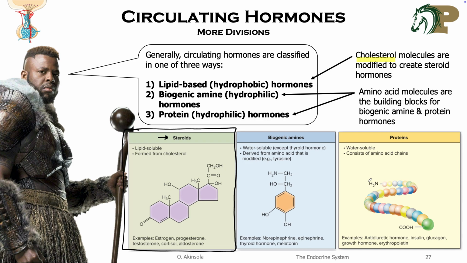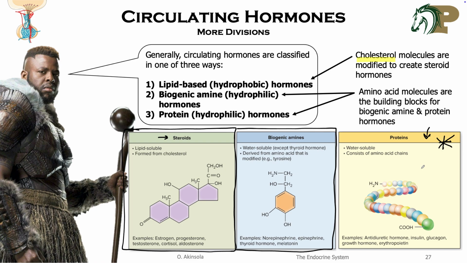So all of those things are synonymous. Your biogenic amines are also water-soluble or hydrophilic, but this is going to compose a very small percentage of hormones in general. The overwhelming majority of hormones are going to belong to this class over here, the protein class.